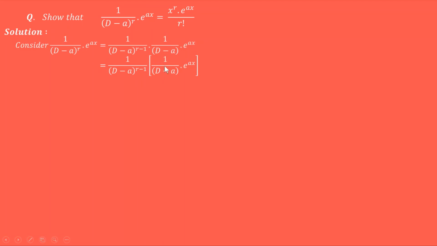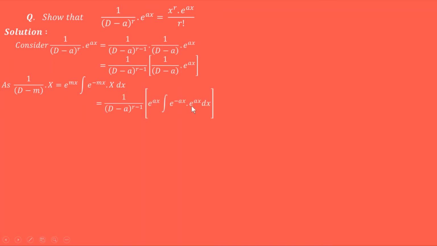So first we have to operate 1/(D-a) on e^(ax). As we know, 1/(D-m) X = e^(mx) integration e^(-mx) X dx. We already studied this result. So instead of m, here is a. So the value of this is e^(ax) integration e^(-ax) X dx.